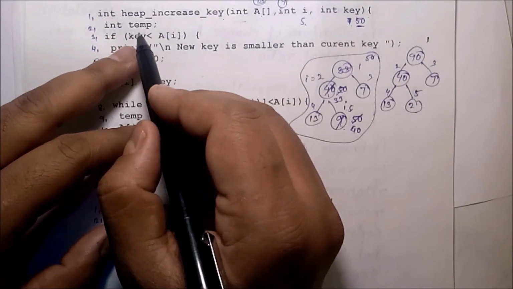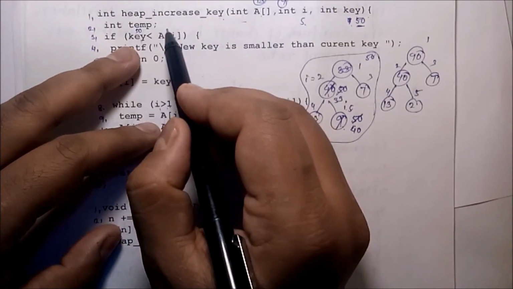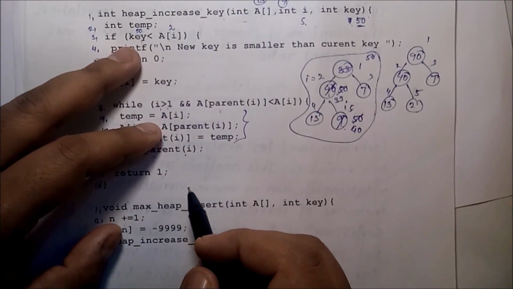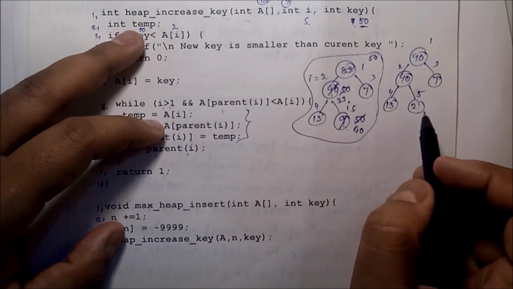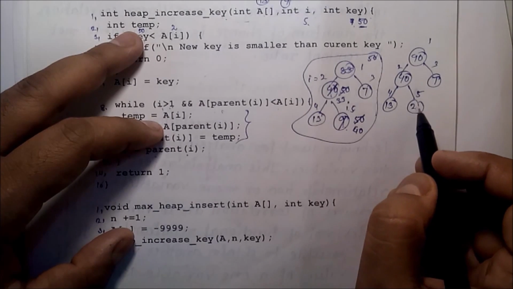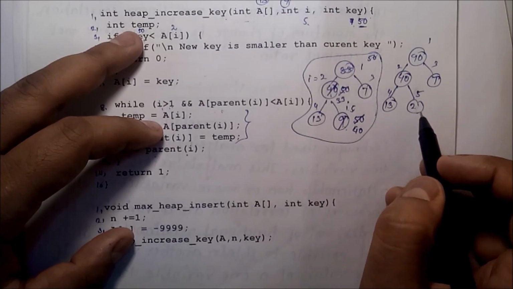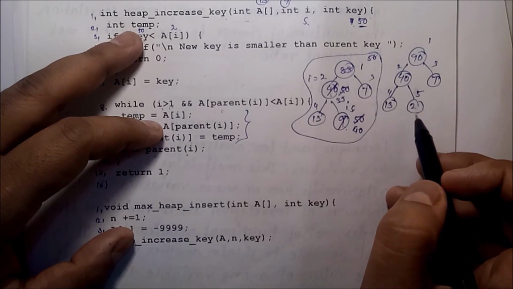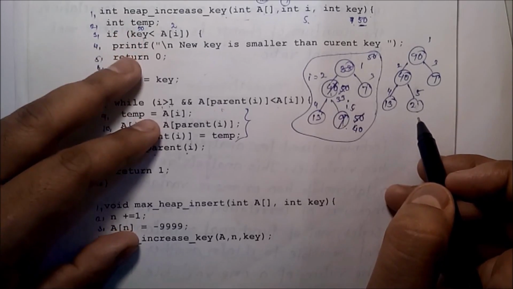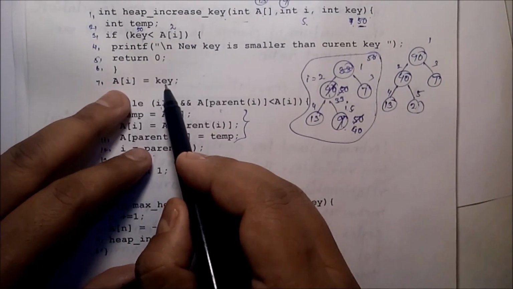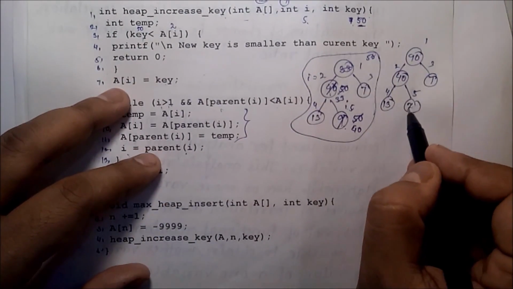A5 is 2 and key is 50, so the condition is false. If you wanted to modify 2 to 1, we can't, because we can't reduce the value. So Ai is equal to key. The key value is 50, so make it 50 here.